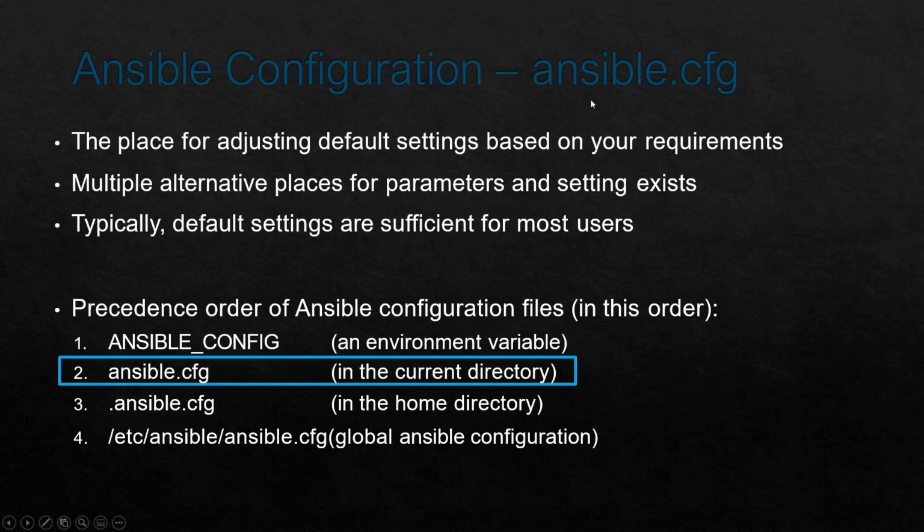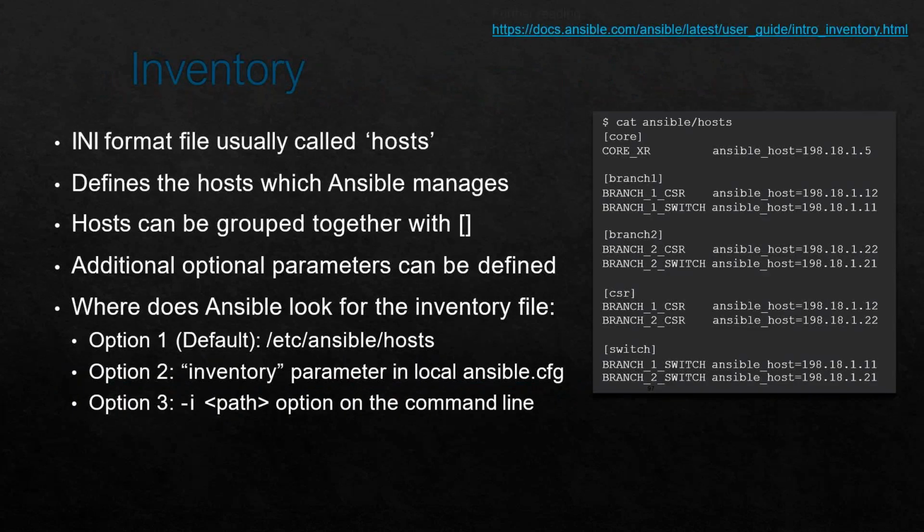Here you can see that you have the ansible.cfg file. I will also show you how this cfg looks when we do the lab. It is there in /etc/ansible/ansible.cfg, where you have the configuration related to default settings, and if you want to make certain changes, you can do that, but you should know what changes you want to make.